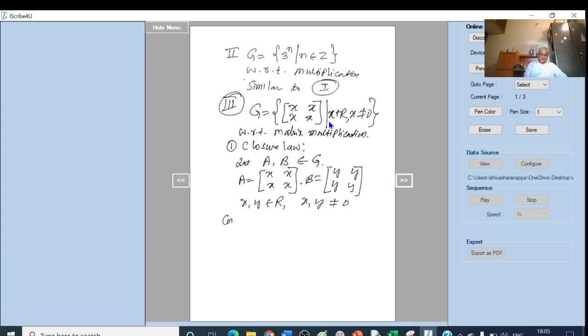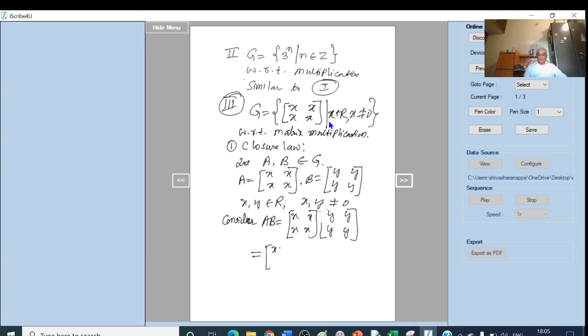Now consider the matrix multiplication. Consider A into B. This is equal to X, X, X, X, and B is Y, Y, Y, Y. This is equal to, taking the matrix multiplication, first row, first column.